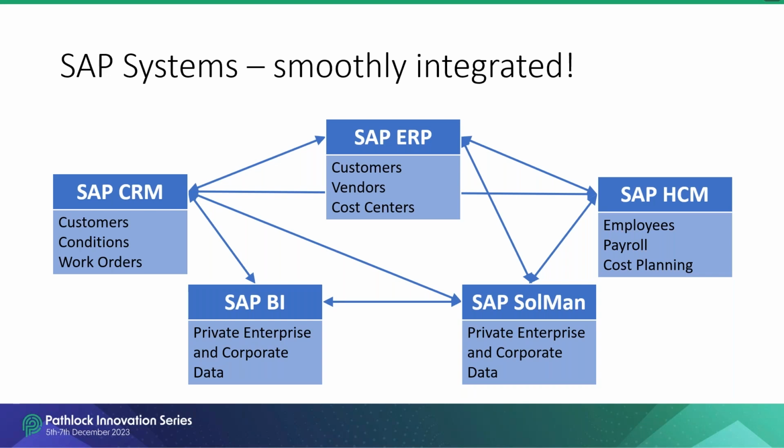But all the systems are connected via RFC connections. At least the Solution Manager is nearly connected to each of your systems in the landscape, because you want to monitor these systems with your Solution Manager.